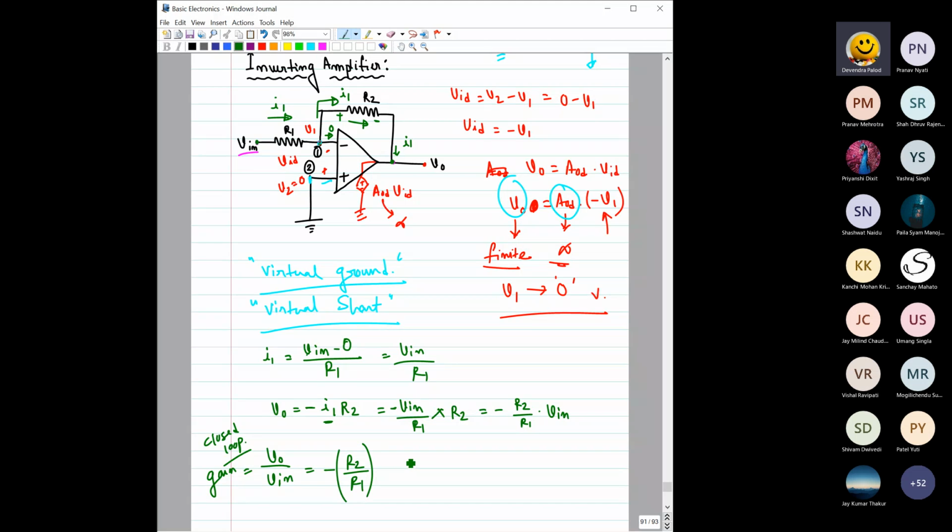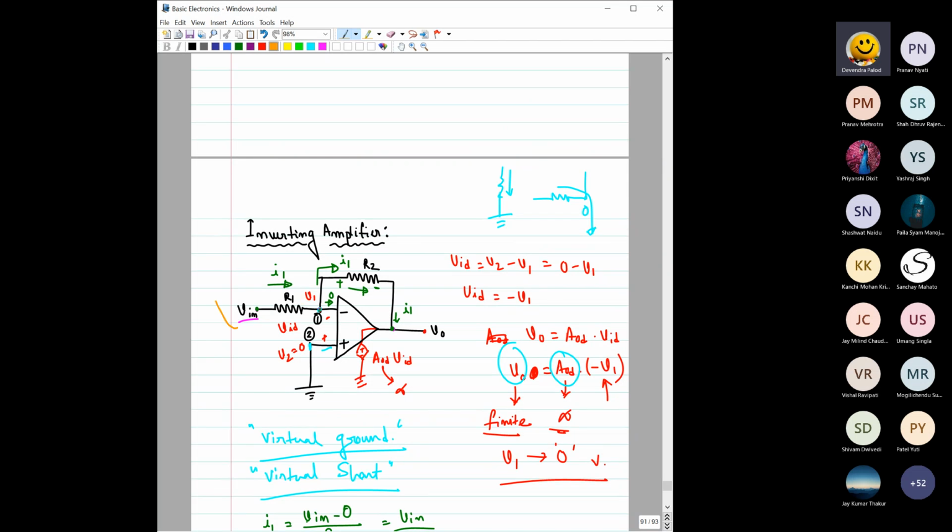Can you re-explain why all the current flows through R2 only, not through the op amp? Okay, let me draw it again. This is V in, and then you have this R2.